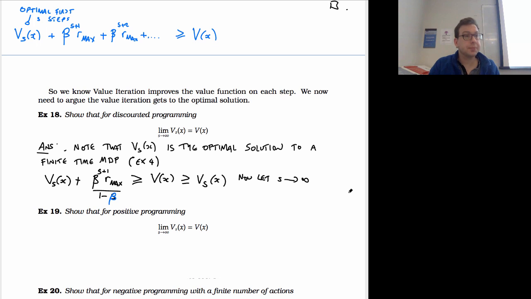And that's that. That's why, for discounted programming, value iteration converges to the optimal solution. So it improves the solutions, but also, as we've just shown for discounted programming, it converges to the optimal solution as well.